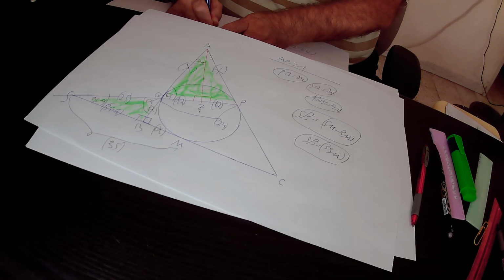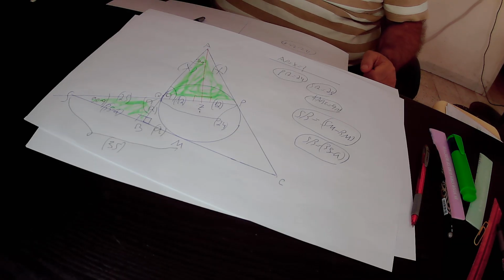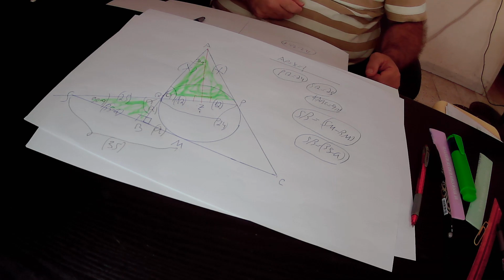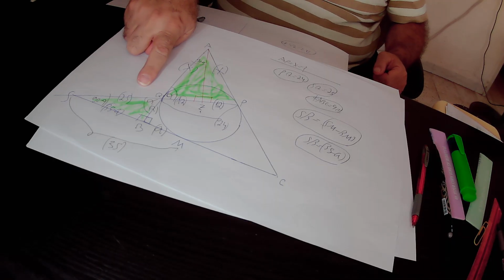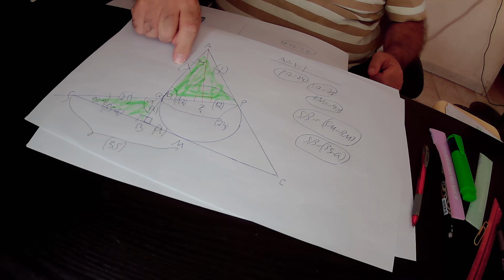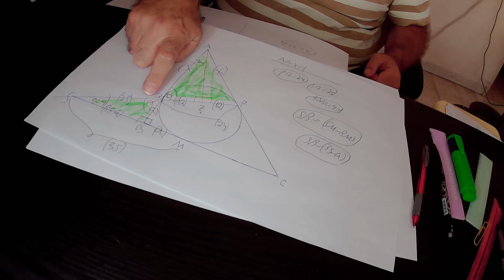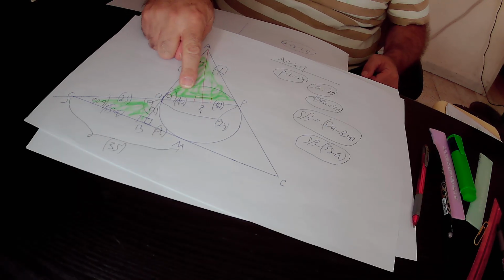And from the fact that those two right triangles are similar to each other, we derive that the following relationship exists between their sides. We derive that side SQ of this right triangle SQB over side AQ of this right triangle AQZ is equal to side QB of this right triangle SQB over side QZ of this right triangle AQZ.